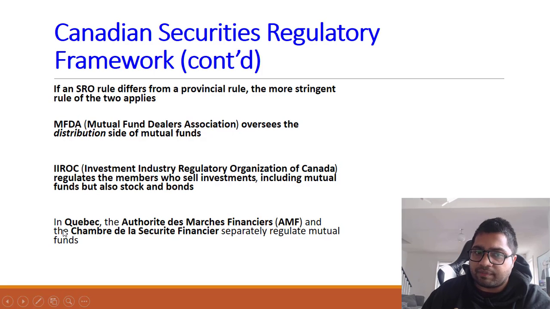In Quebec, it's a different body, the AMF and the Chambre de la sécurité financière. Ignore my French, I can't pronounce those words. They separately regulate mutual funds. So you have to remember, in Quebec there are different bodies than the pan-Canadian bodies that do it.